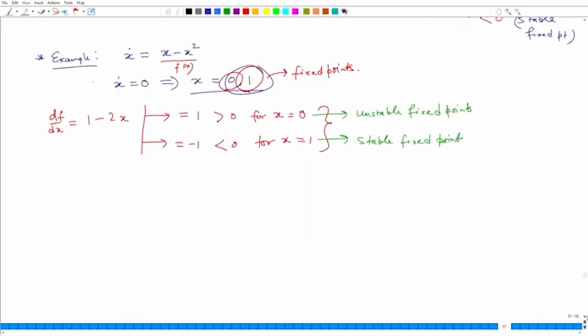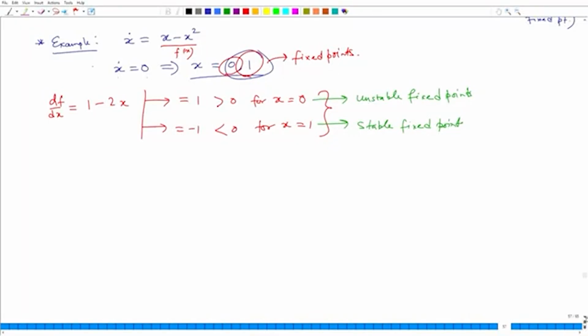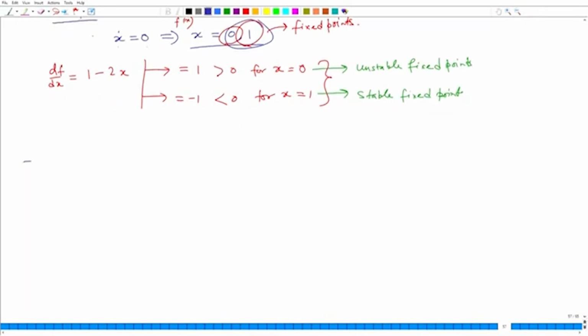Now, can we also do this for a system with more than one dimension? That will be very interesting for us because our classical mechanics will actually be one of the special cases of that system. So, we can also do that.